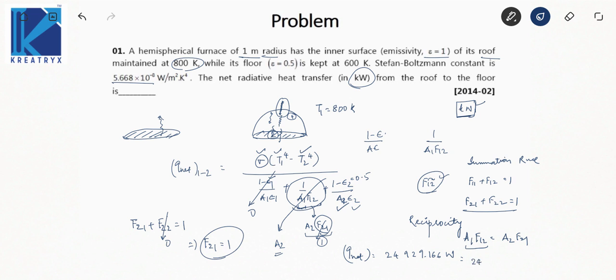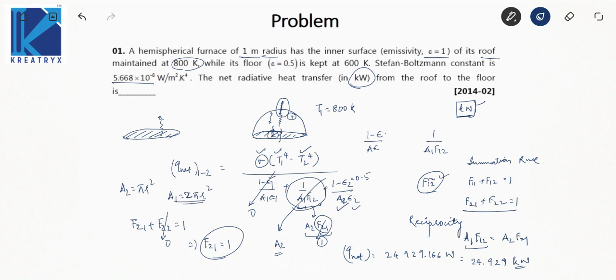So that will be 24.929 kilowatt. This will be the answer. The areas are A2 equal to pi r square, whereas A1 is 2 pi r square, the surface area of a hemisphere.